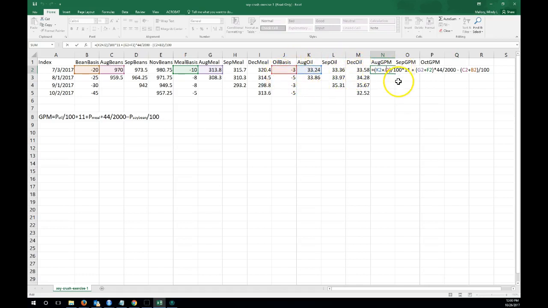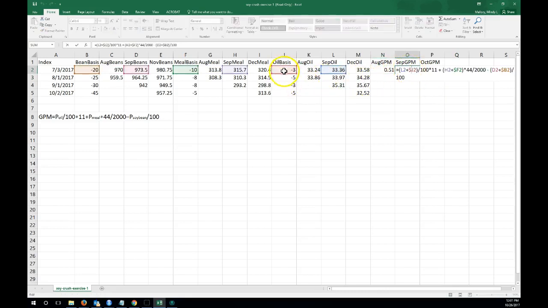So that means we need to put some dollar signs in our basis values in the formula. And particularly we want the column to not change. So I'm going to put a dollar sign before the J, and before the F, and before the B. Basically before each of those basis values I put a dollar sign. Then when I drag my formula to the right, it will keep those basis references fixed.